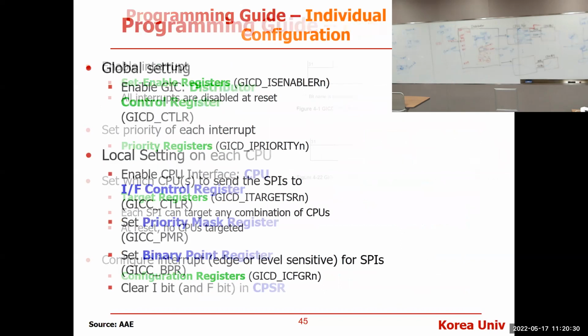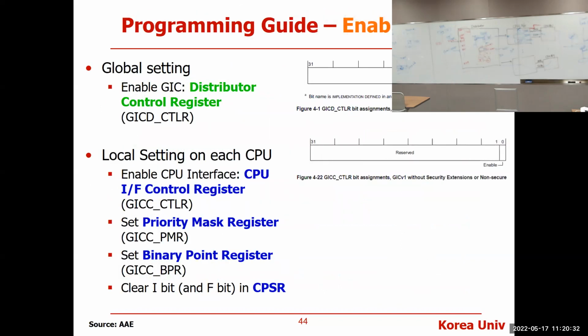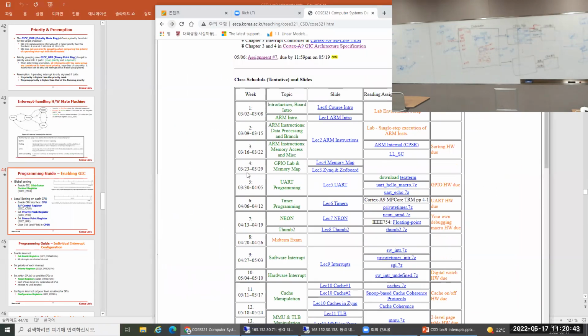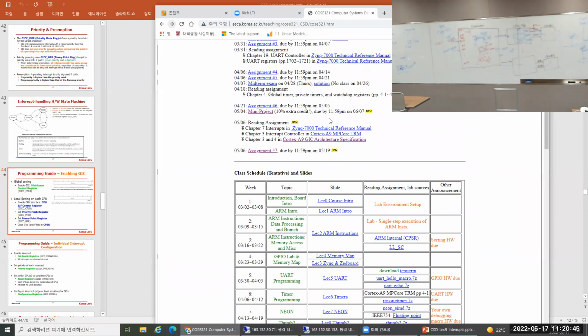So this one is about the programming guide. The thing is, if you look at the GIC data sheet, there are so many registers implemented. Check out the technical reference manual. By reading that data sheet, it is very hard to figure out which registers you touch and in which order, right?